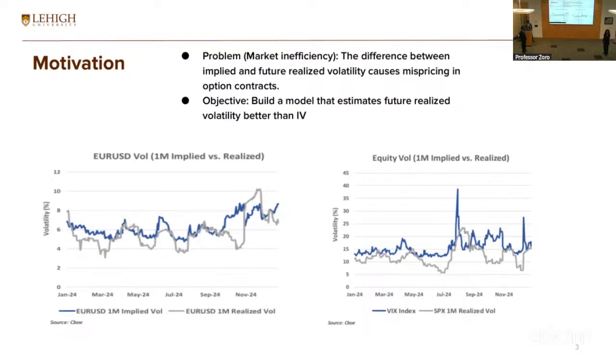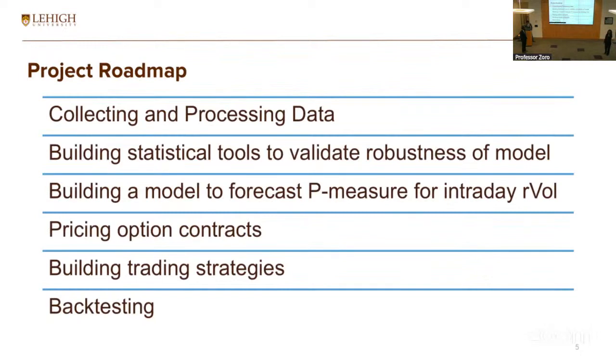And the objective for our project is to build a model that estimates future realized volatility, which is far better than implied volatility. And like all projects involving data, we had to collect and process data.